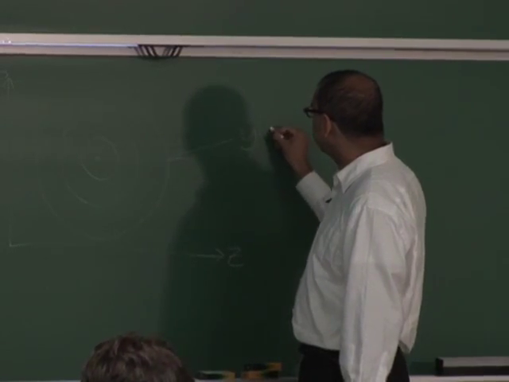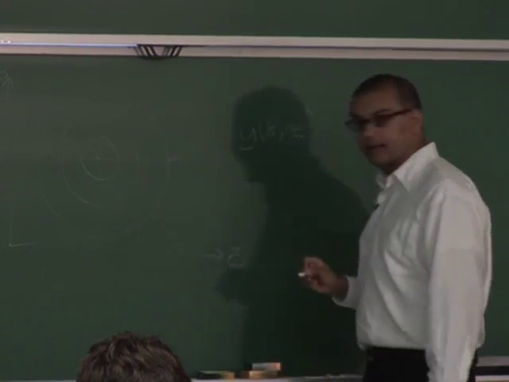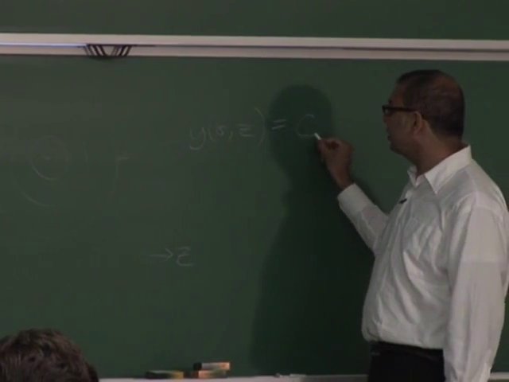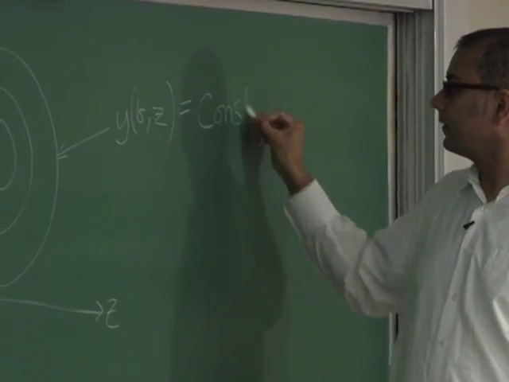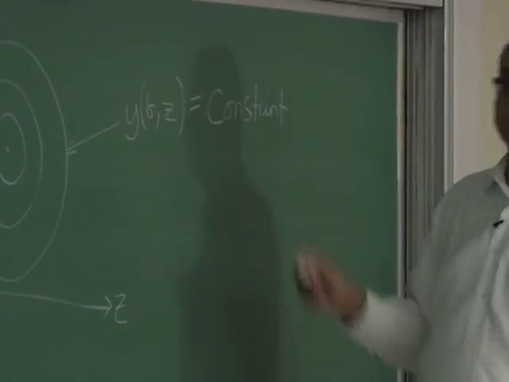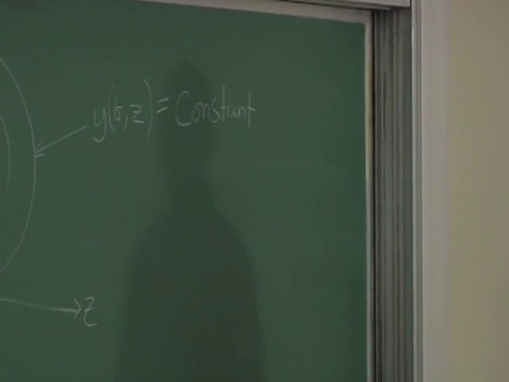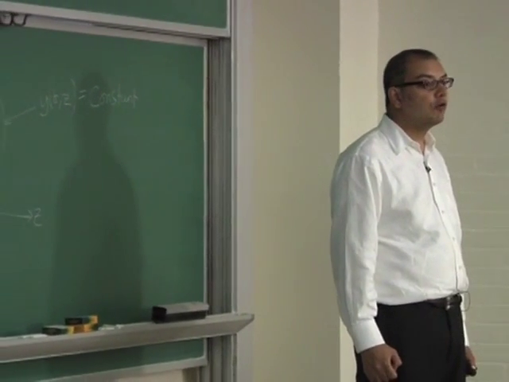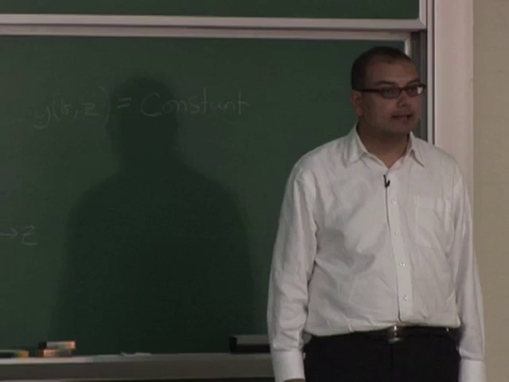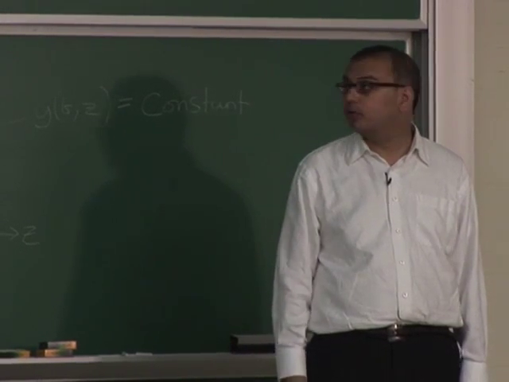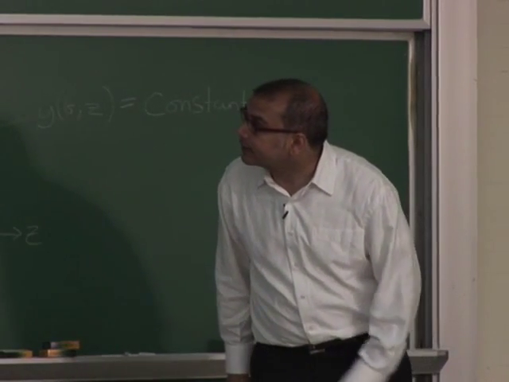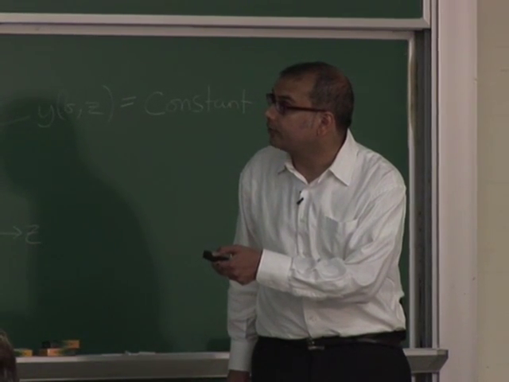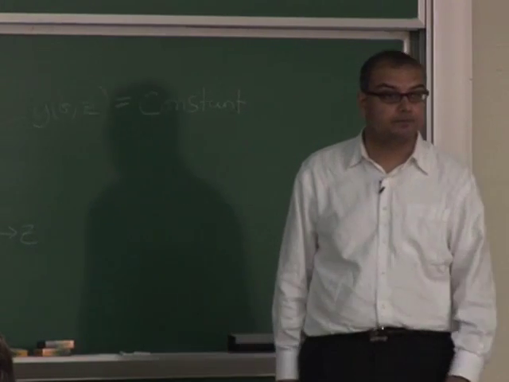Y as a function of b and z is equal to some particular constant. Okay, that is, if I were to look for all values of b and z such that the yield is equal to, let's say, 30, which is that value there, so I'd be lopping it off right there.